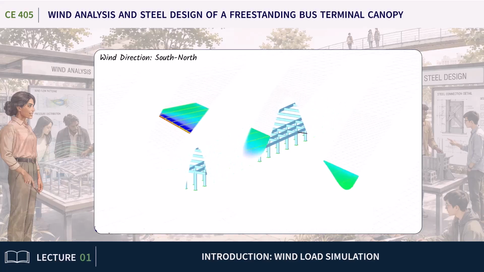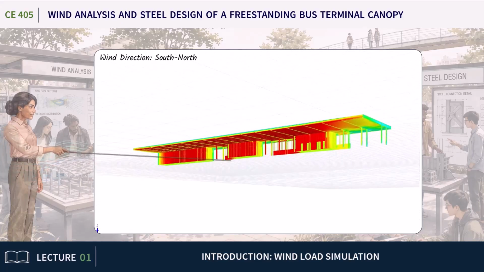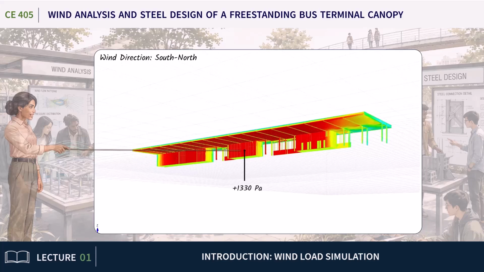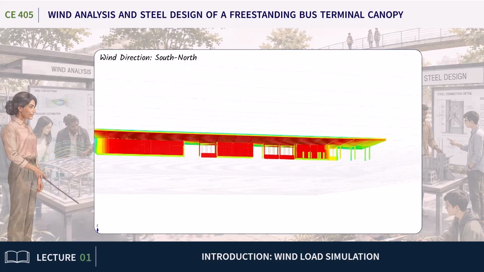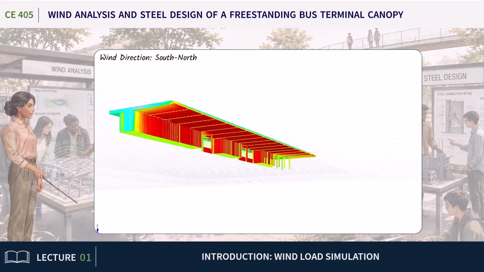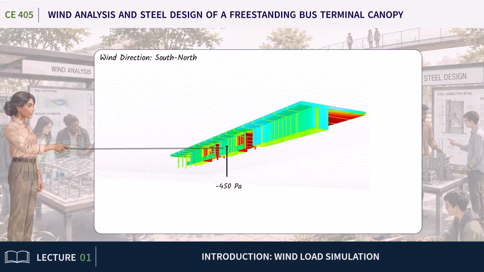We must also account for wind pressure acting on the exposed columns. The south-facing surfaces experience approximately 1,330 pascals of positive pressure, while the north-facing surfaces experience approximately 450 pascals of suction.